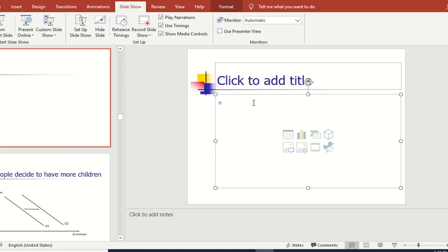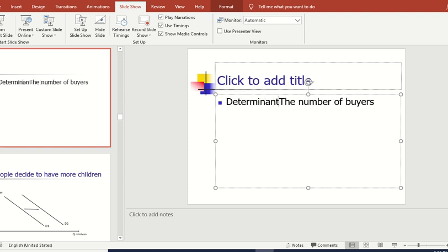Some of you may say one of the determinants of demand that is most relevant here is the number of buyers, or the number of potential buyers. So the same story goes, right?